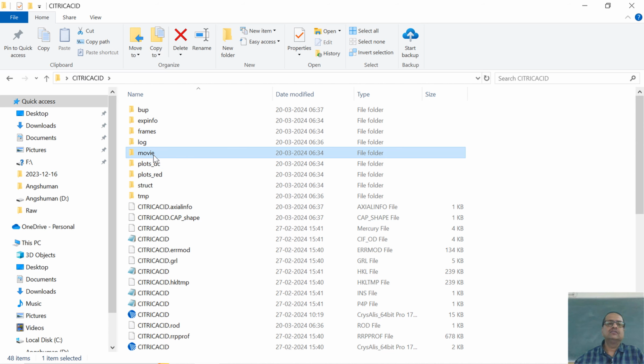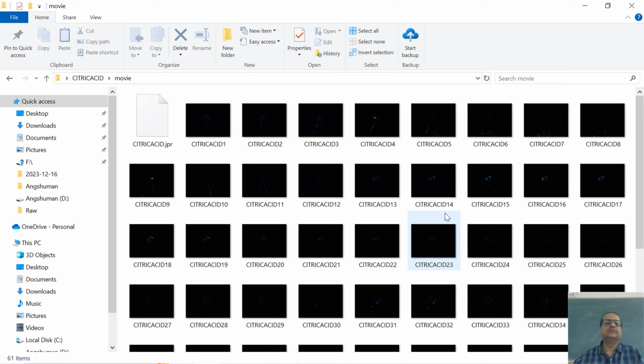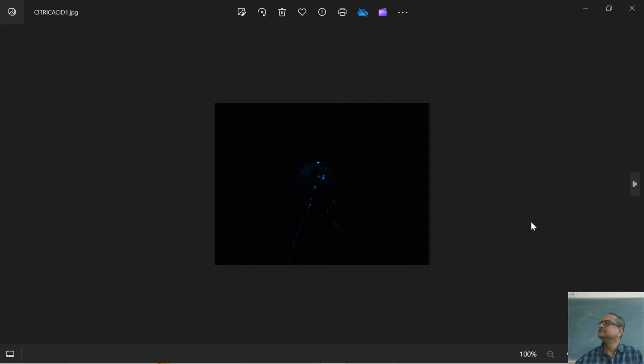This folder, although it says movie, is not actually a movie. It is a collection of some images. This particular diffractometer does not have the light turned on always, but some diffractometers will have the light turned on. So this image will show you the shape of the crystal. If you look at the frame, it is rotating the crystal about 5 degrees at a time and recording a photo.